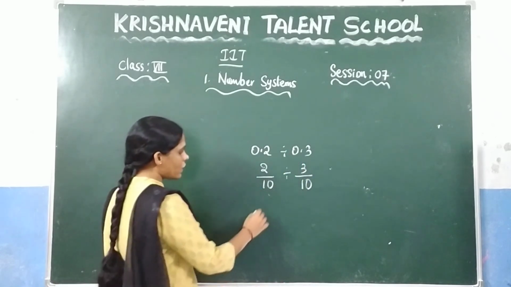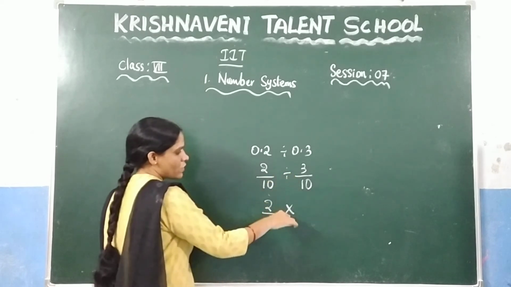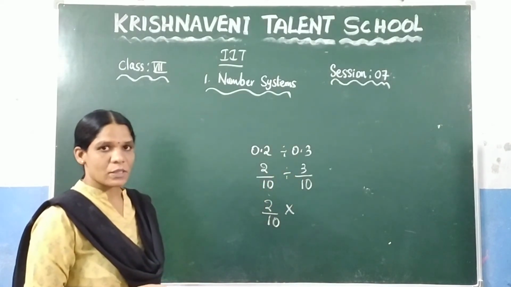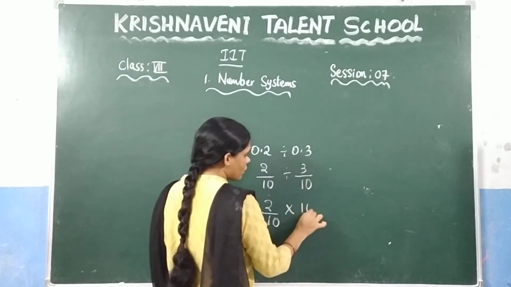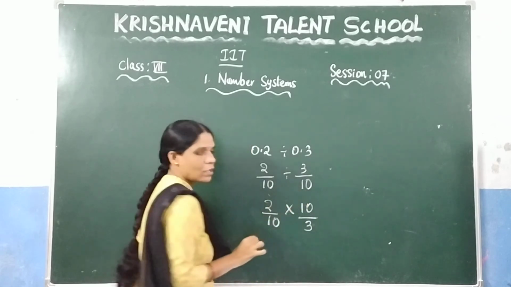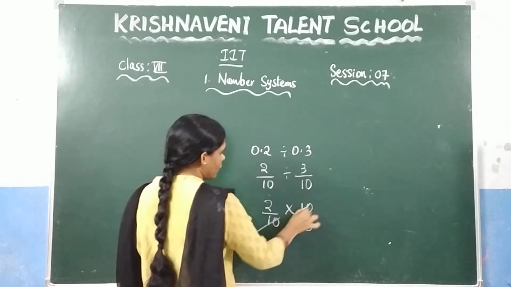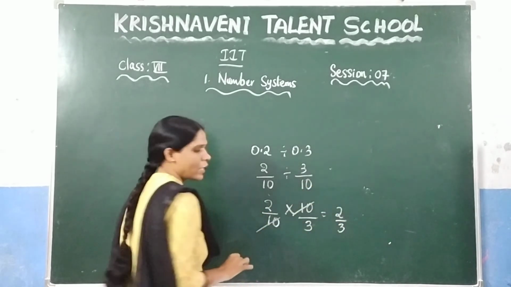So this one you can write as 2 by 10 into, in place of division we are writing multiplication. For that reason you need to write the reciprocal of this number. So what is the reciprocal of 3 by 10? Which is 10 by 3. Now you know that 10 and 10 will get cancelled. You will get the answer which is 2 by 3.